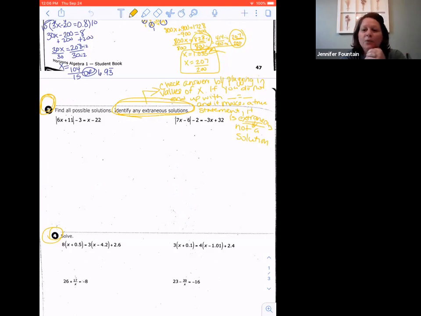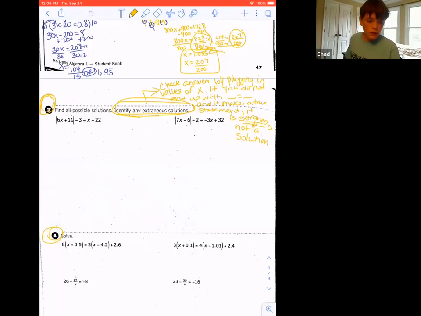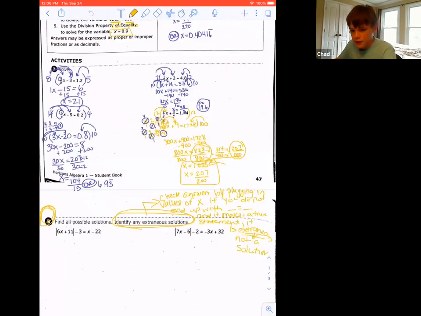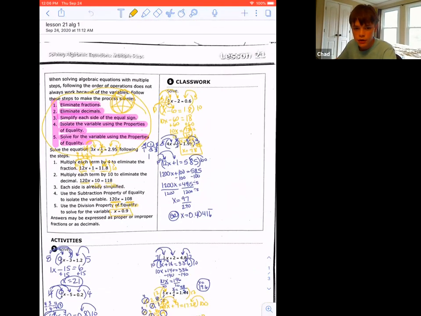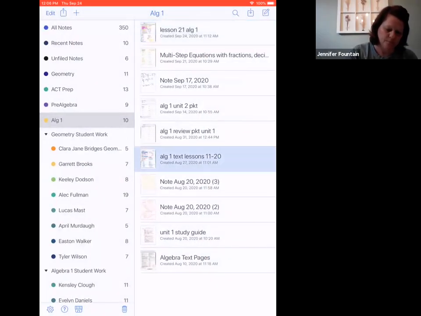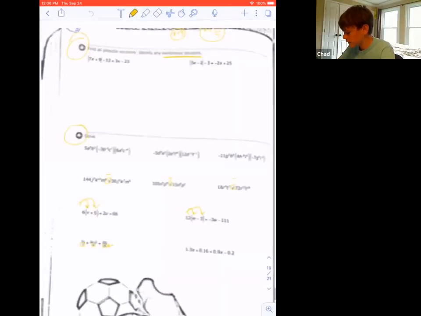All right. Do you guys have questions? I'm still kind of having trouble on lesson 20, in the classwork, the third question, the one, 3x plus 1 minus 4 equals x plus 5.